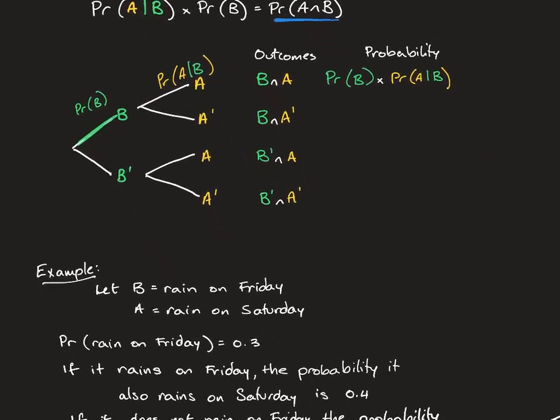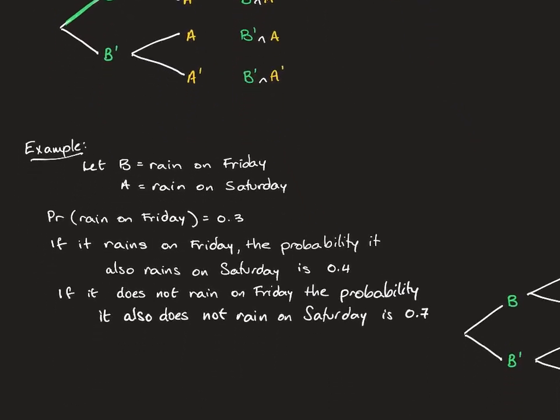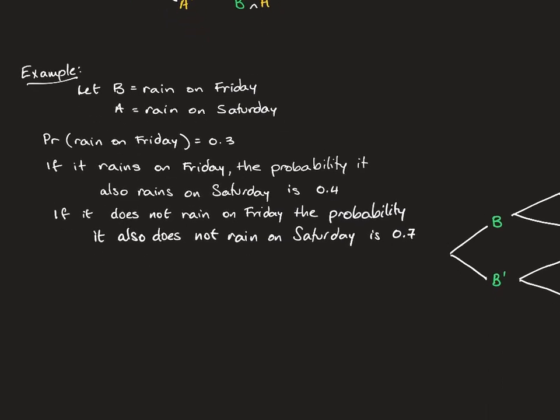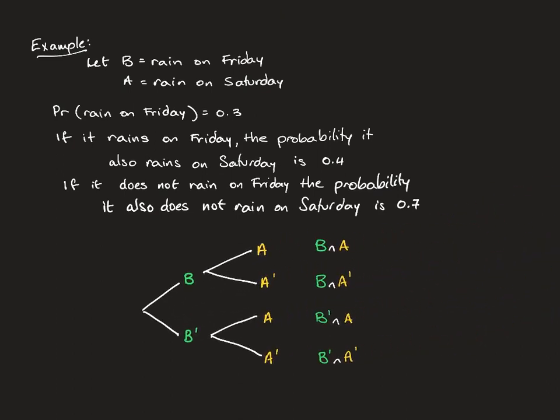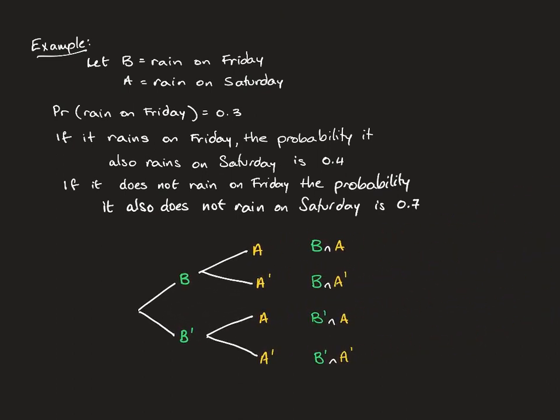Let's look at an example. See if we can get this to fit. Okay, so let B equal the event that it rains on Friday, so this is rain or not rain on Friday, and A be rain on Saturday. So this is Saturday's choice of what happens.